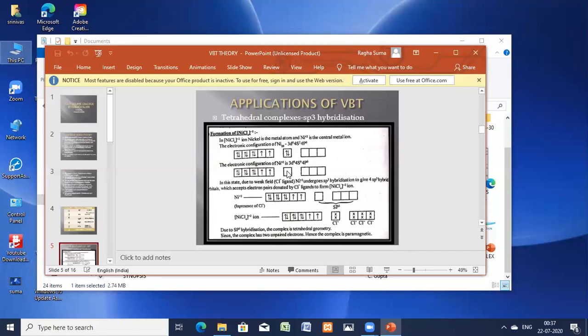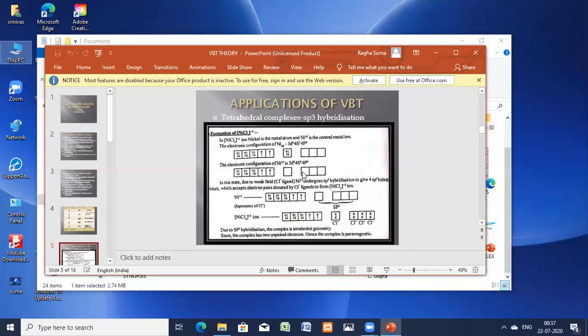After 4s is lost, now 3d8 electrons are there. Now 4p is also there. The valence shell 4p is also empty. Chloride is a weak field ligand, as I have explained. So nickel is undergoing sp3 hybridization.